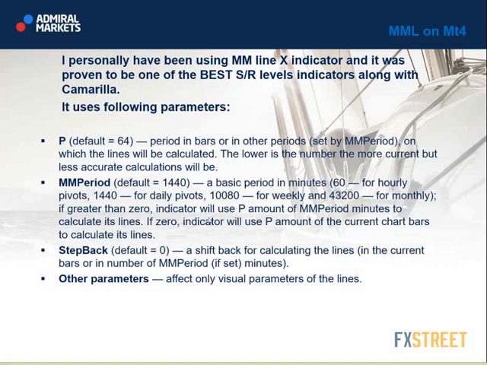If it's greater than 0, you should know that the indicator will use P amount of MMP period minutes to calculate its lines. So I advise you to leave the settings on default, and if you want to use other settings, then you should use other pivot points.